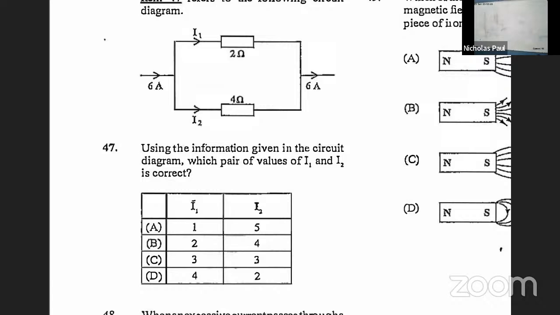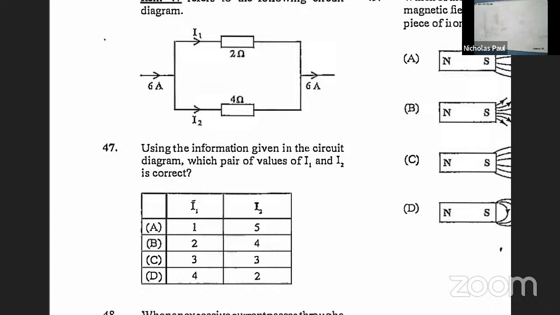All right, we will see. The correct answer is D. The higher resistance goes on top, which is 4, and the lower resistance underneath, which is 2.